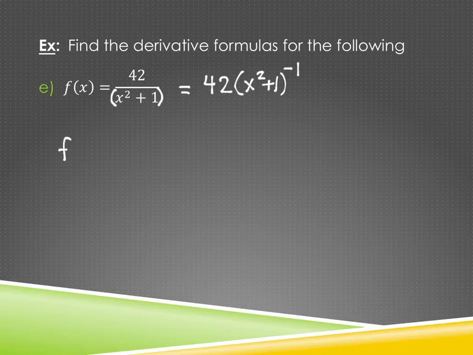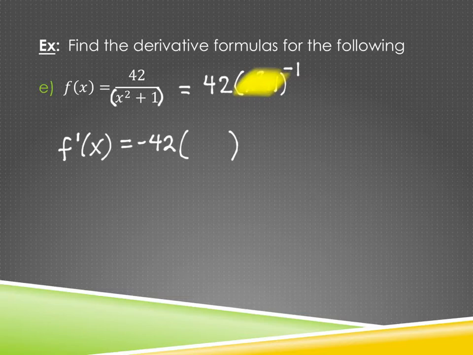So then when we do our derivative, the inside function, of course, is this piece right here. We have a -1 on the outside, and I'm going to bring my -1 down with the 42. So I'm going to have -42. And I'm going to decrease my exponent by 1. What is -1 decreased by 1? -2. The inside part stays the same. I don't know if I can undelete my yellow. Maybe I can. Good.